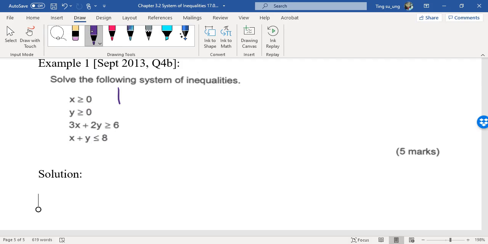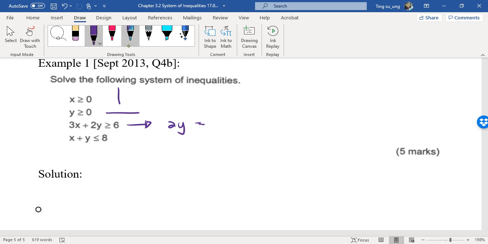For y more than or equal to 0, it's the positive side, right? Same thing here. Obviously you need to rearrange it back into the form of mx plus c.